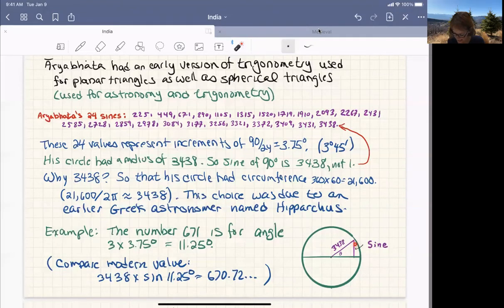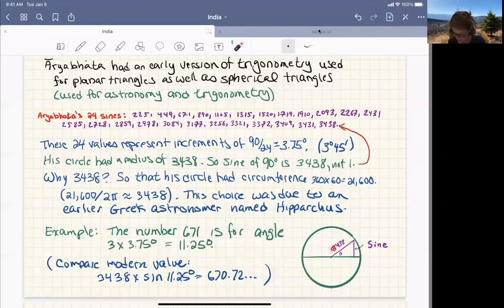And so his sine, so basically it's the y value in that triangle, is going to be between 0 and 3438. So for example, sine of 90 degrees, we would say it was 1, but he said it was 3438.